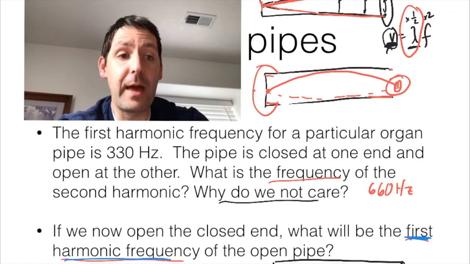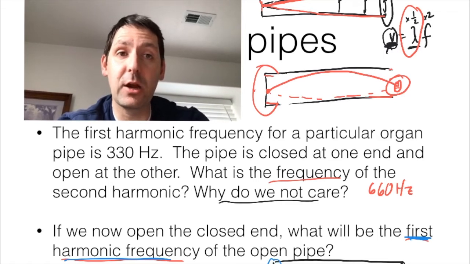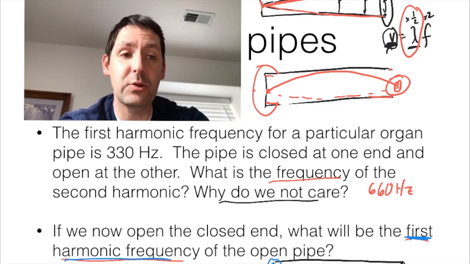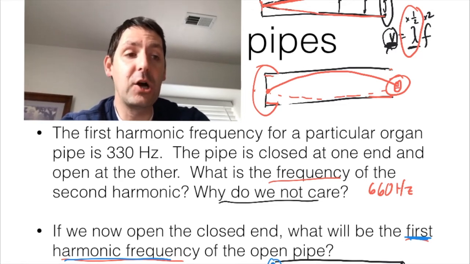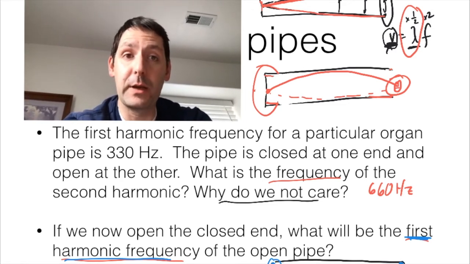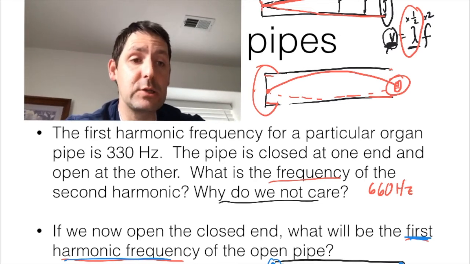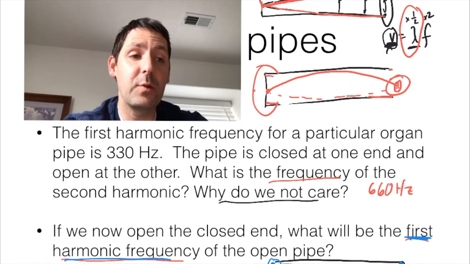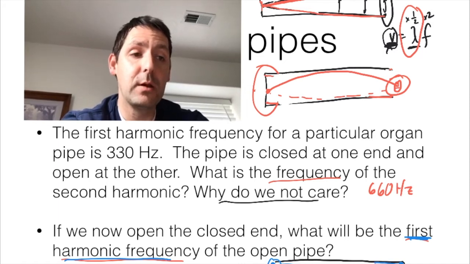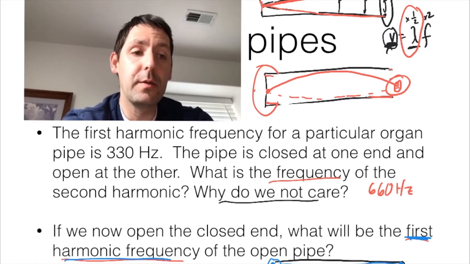Okay, remember that means that I'm going to need an antinode here because I need the vibration at the end, because there's nothing holding that in place, so I need an antinode there. And I also need an antinode at the other open end. So this is going back to what we learned last class. If I draw that, the simplest, most fundamental way for that to happen is something like this.